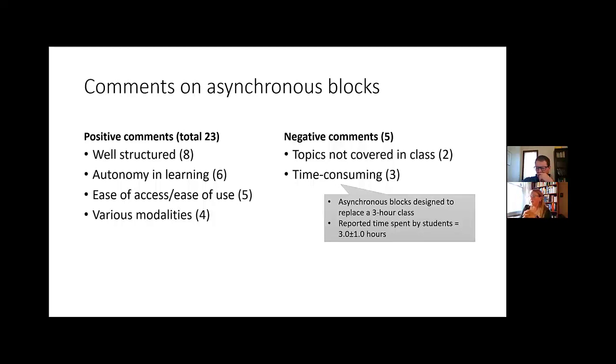The negative comments were less abundant. Some students found that it was too bad that the topics were not also covered in class, but we didn't have time to cover both asynchronously and synchronously.